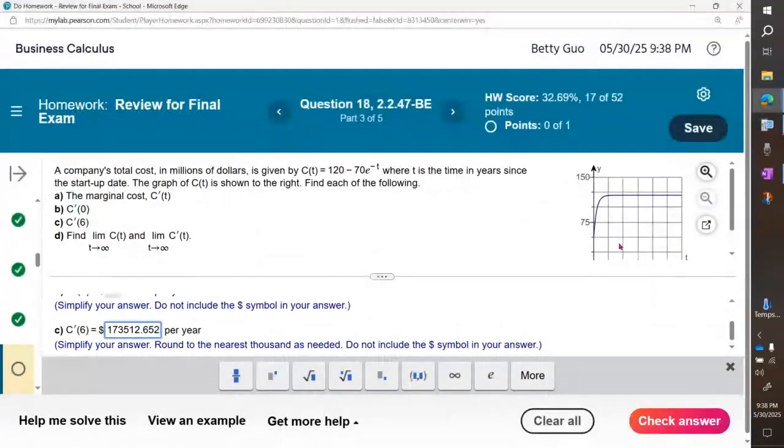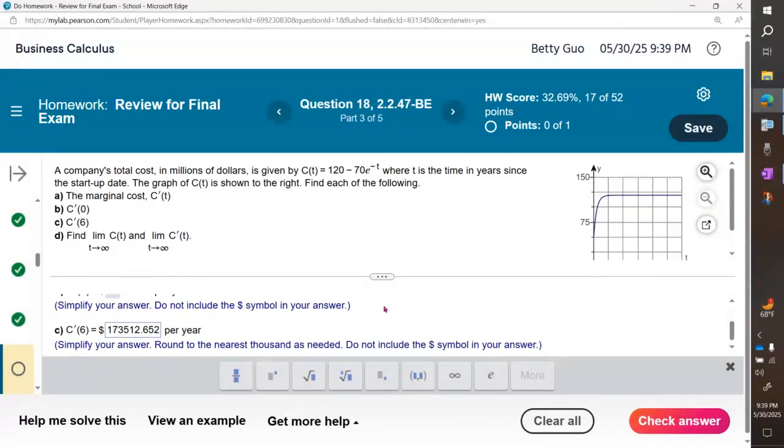It says round to the nearest 1,000. So the marginal cost per year at year 6 is $173,512.65.